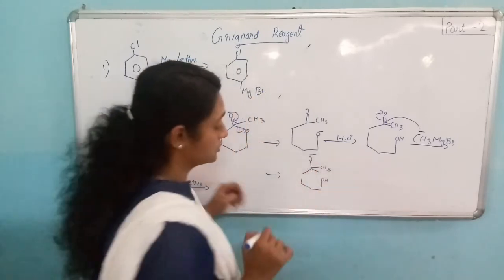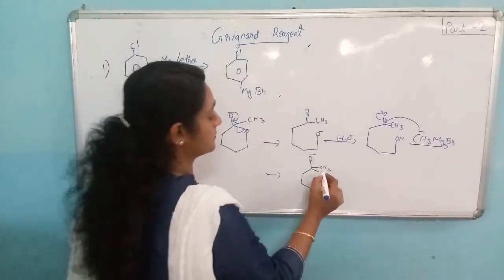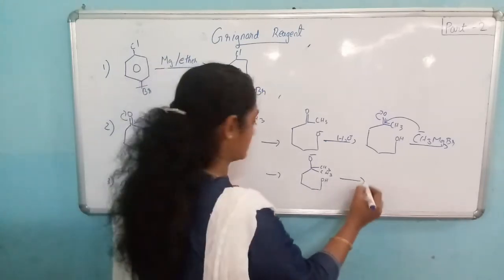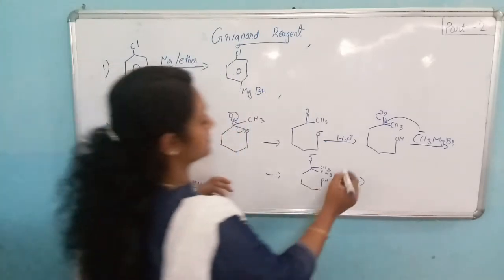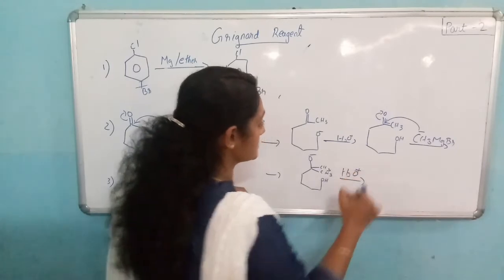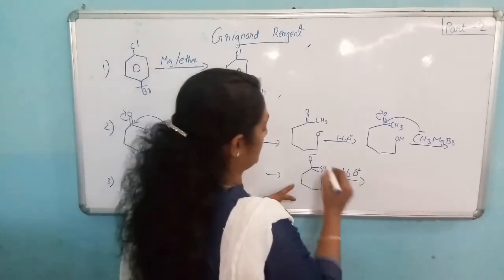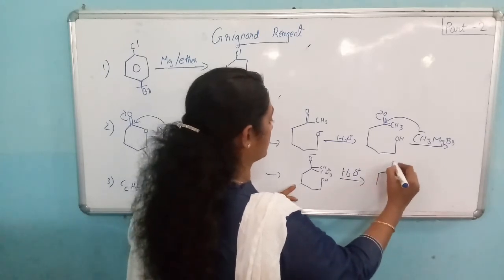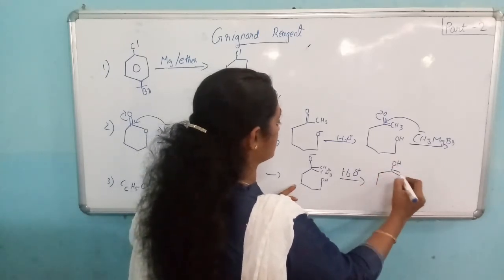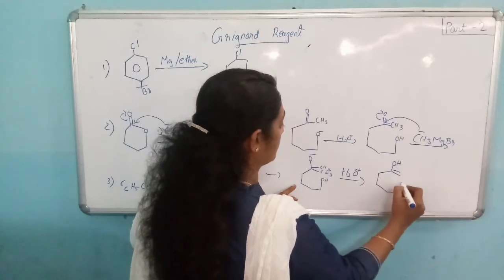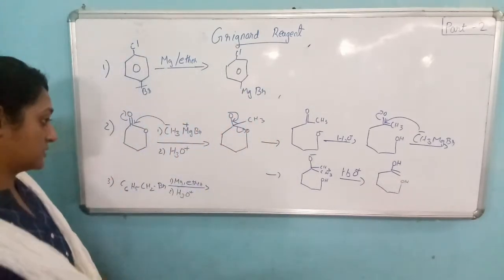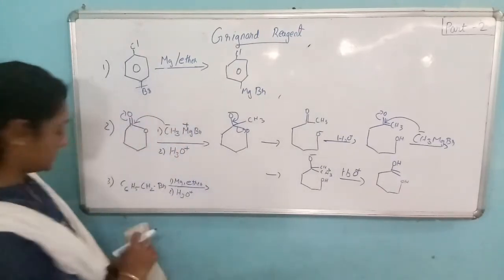Okay, two CH3s are there. Next is hydrolysis. The second process is hydrolysis. Again hydrolysis, H3O plus, H plus comes here, OH, two CH3s, OH. This is the product. Okay, tertiary alcohol.